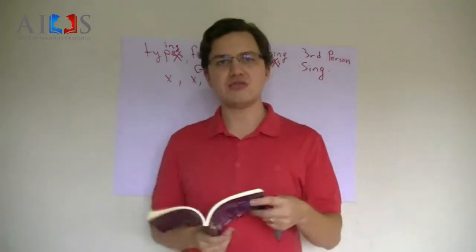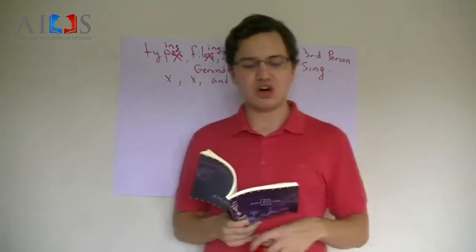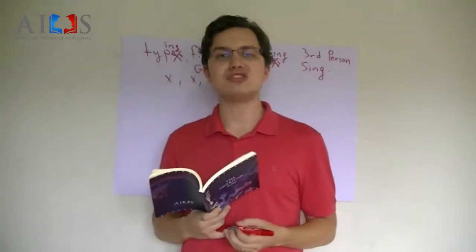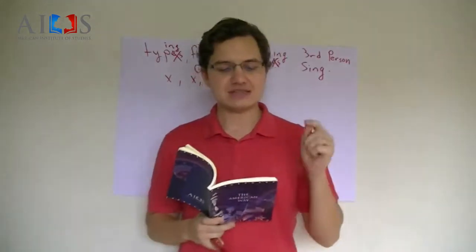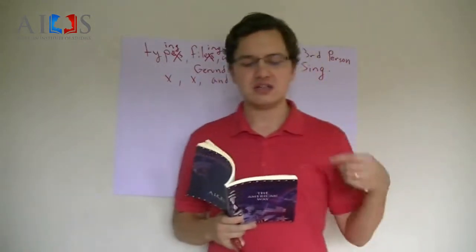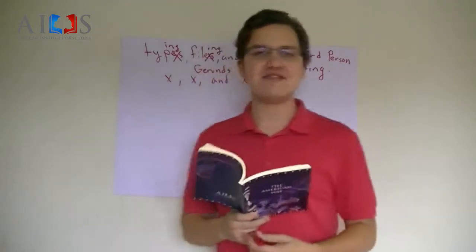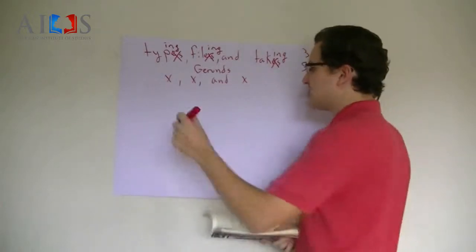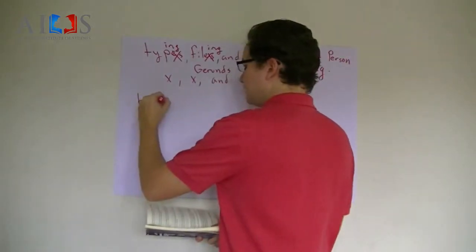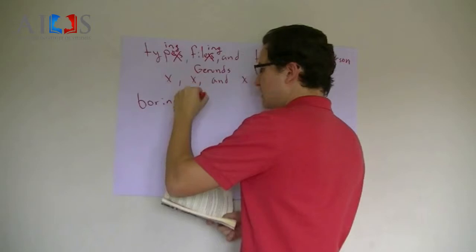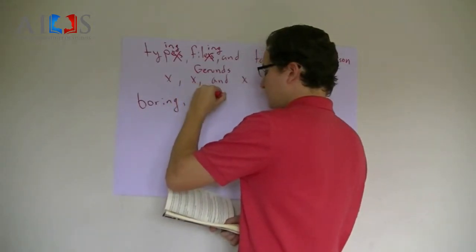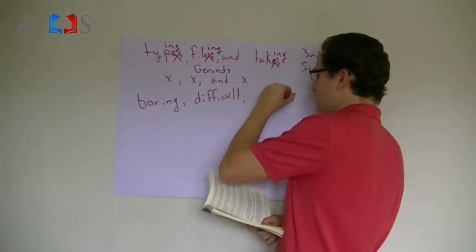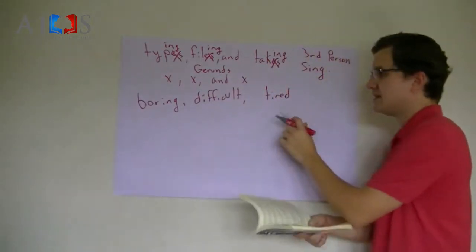At the top of 102, we have what's called failed parallelism. The grammar forms do not match. This project is boring, difficult, and makes me very tired. So you think, oh, I have three adjectives. Boring, difficult, and you have tired, which these are all adjectives.